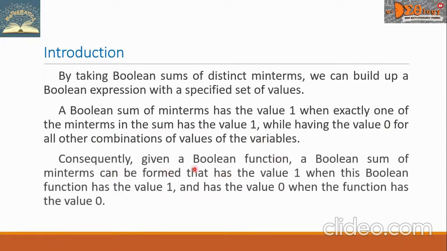Consequently, given a Boolean function, a Boolean sum of min terms can be formed that has the value 1 when this Boolean function has the value 1 and has the value 0 when the function has the value 0.